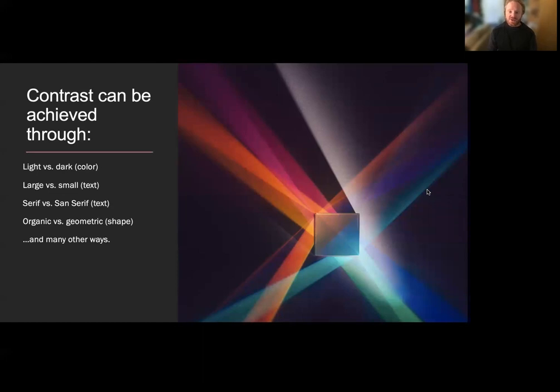Okay, there are various ways that contrast can be achieved. As this slide says, you can achieve it through light versus dark. That's an example of how color can be used to achieve contrast. Large versus small in terms of text. Serif versus sans serif text, and we'll talk more about serif versus sans serif, but just know that serif has the little hooks on the end of the letters and sans serifs do not.